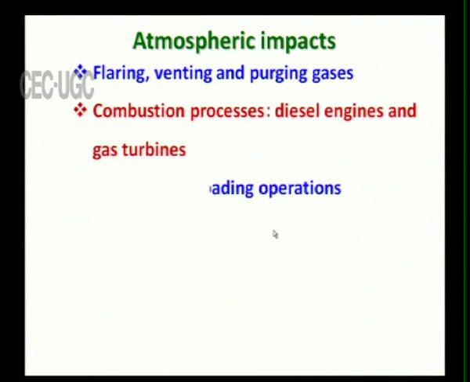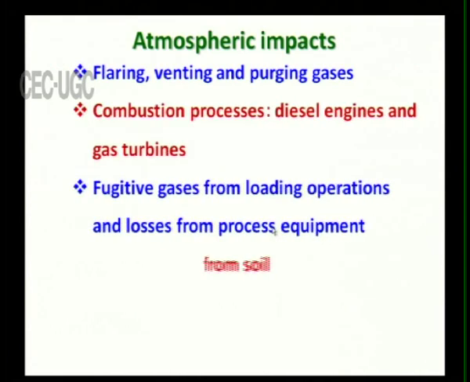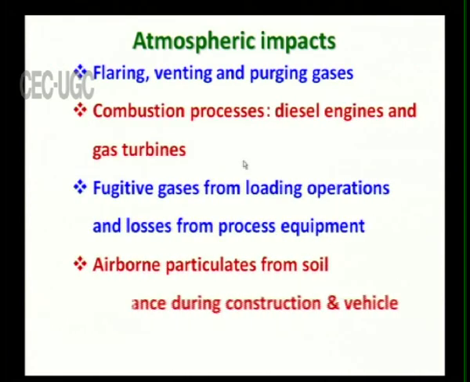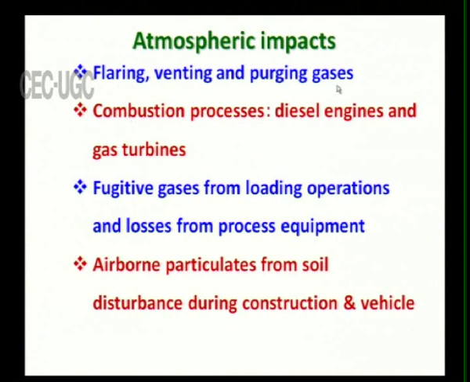Now, let us see one by one. The atmosphere is affected by the flaring, venting and purging of gases, because a lot of gases are produced, they burn, they explode and they are distributed to the whole atmosphere, and in that way they are impacting.